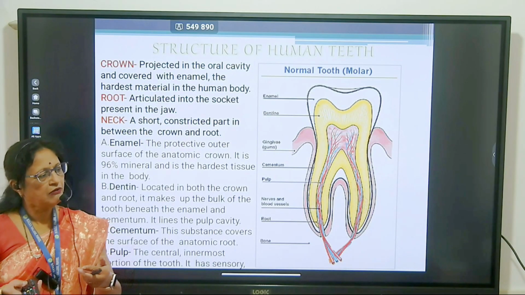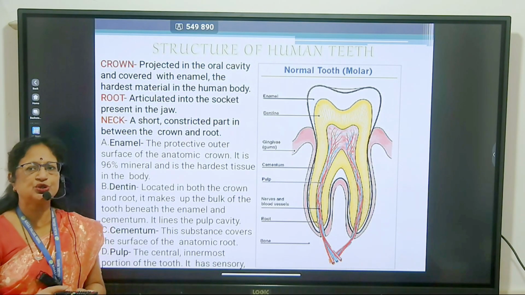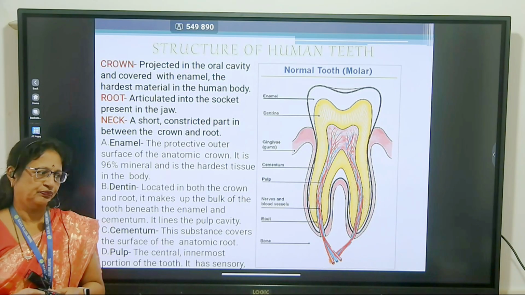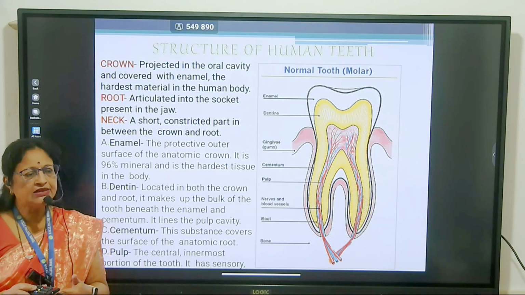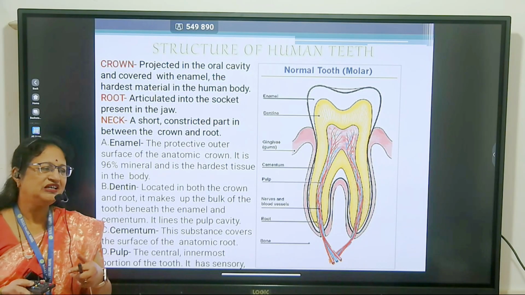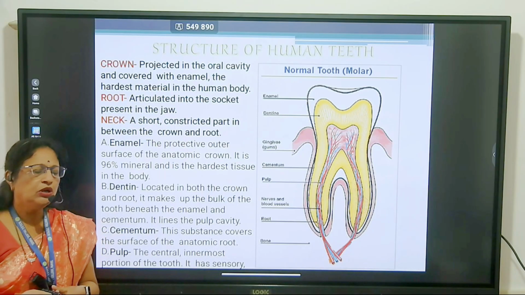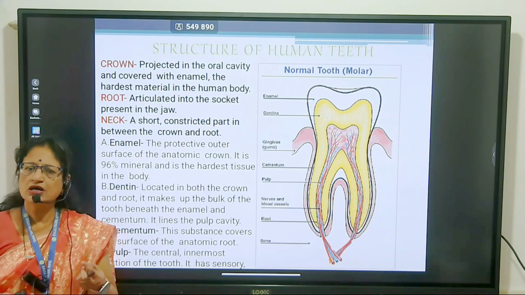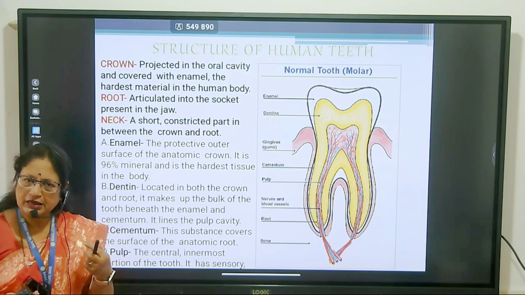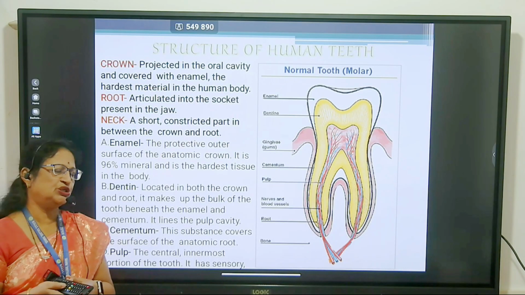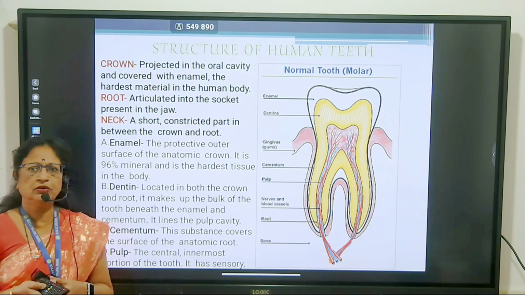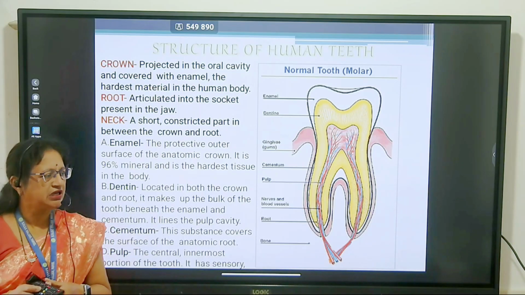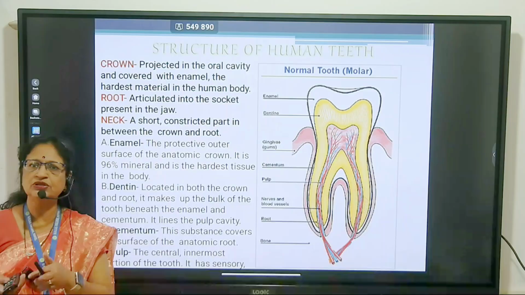Now, whenever we study the structure of teeth, it looks like this. Teeth consist of two distinct parts, crown and root. But in between the crown and root, a shorter, smaller region is present which is called the neck. Crown is the outermost projection of the tooth which we observe from outside.